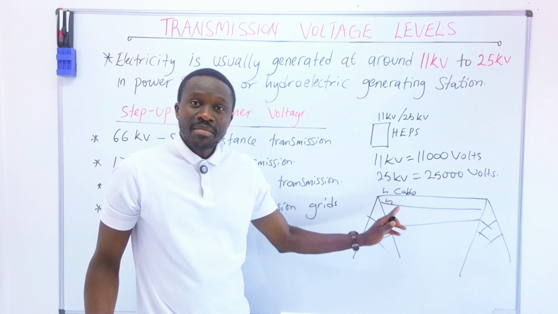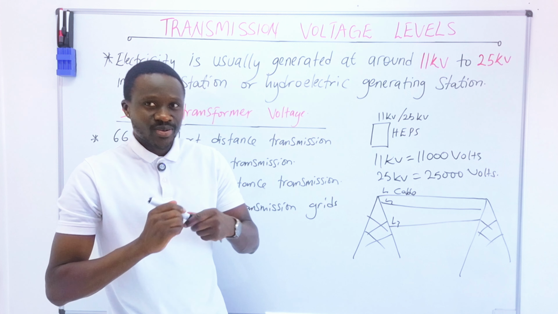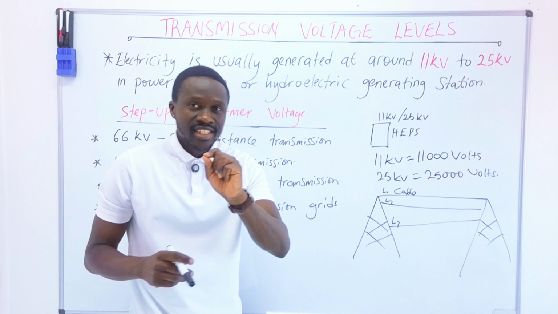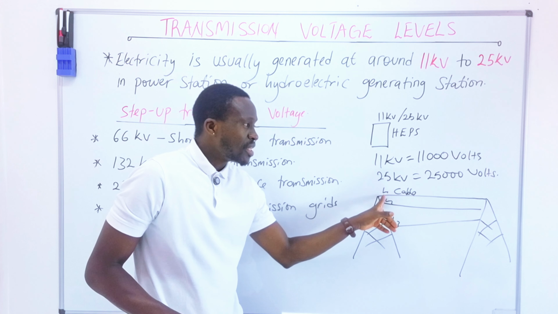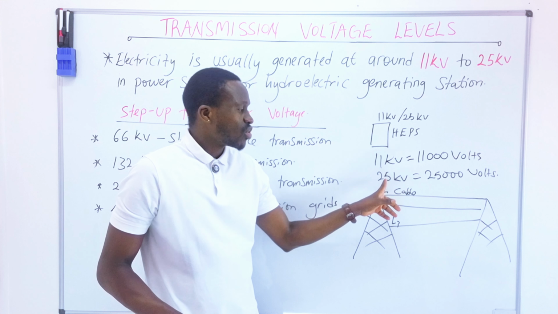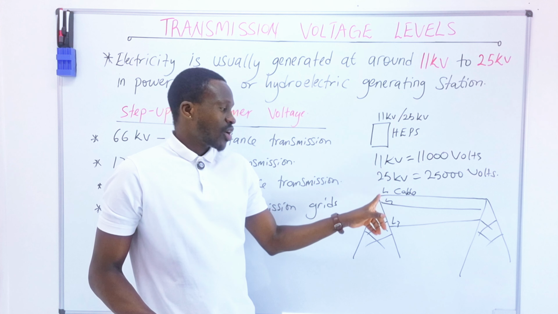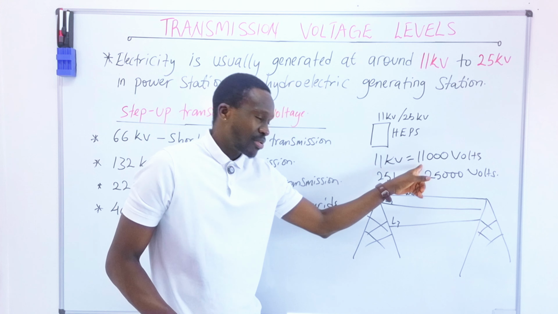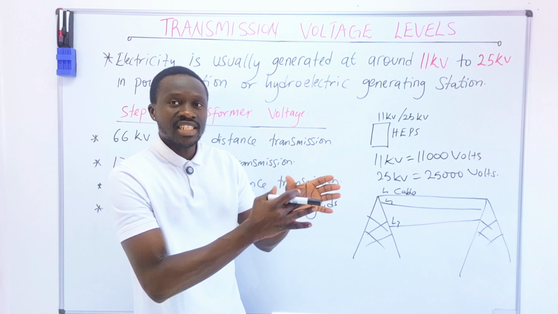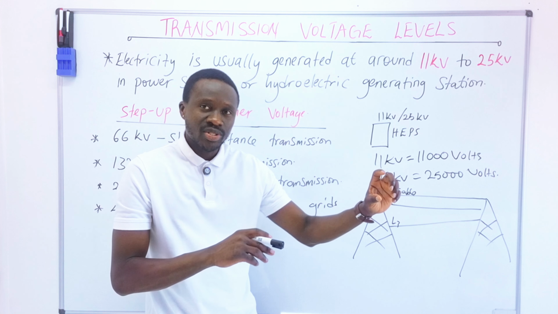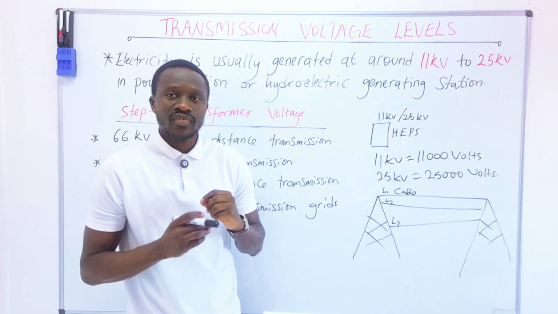Now this cable has some resistance. As you know, technically there is resistance in the cable, that resistivity. Now to transmit this 11 kV or 25 kV which is generated from this generator, we need to first step it up, because there is resistance, and where there is resistance, there will be some power losses. We shall lose some electricity because of the resistance of the cable.